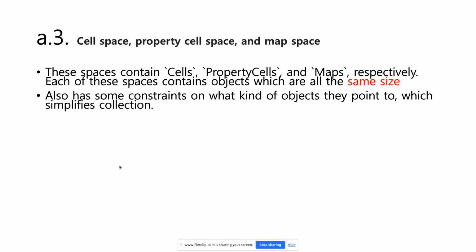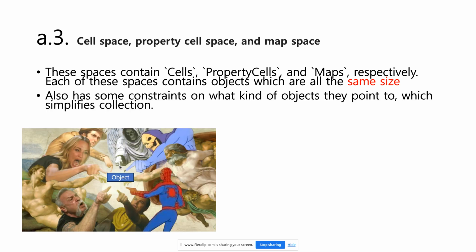So yeah, we talked about it, but these spaces also have some constraints on what kind of objects they can point to, which simplifies collection. If we copy an object and console log it, it prints true, right? Because it doesn't create new data.